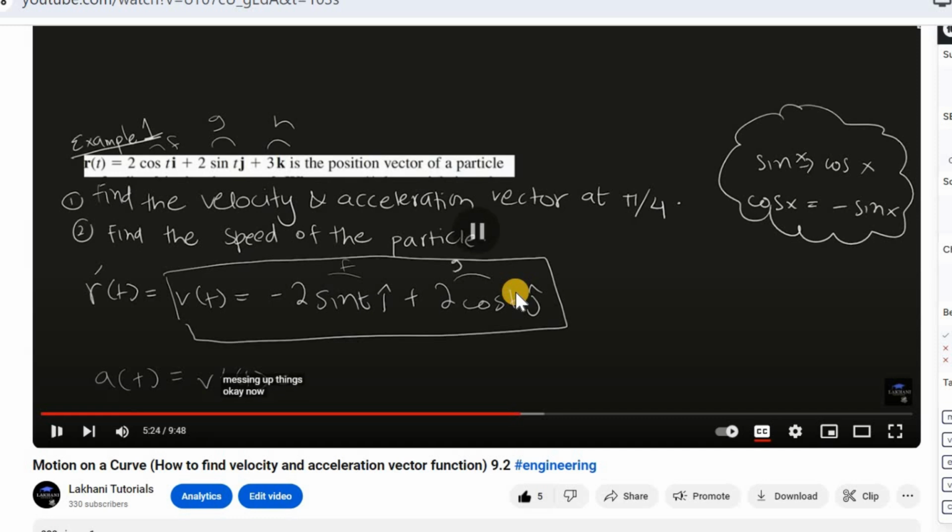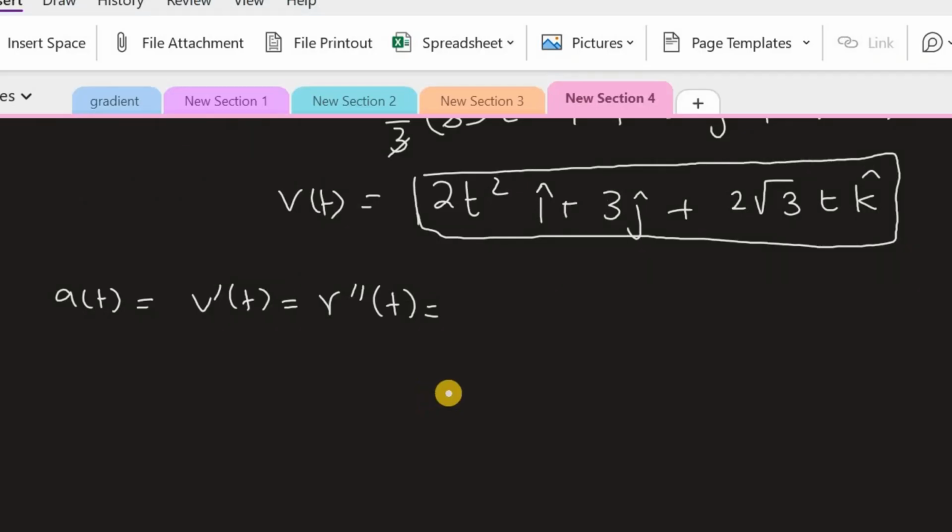Okay, so here we're finding the double derivative of this one. So we're taking the derivative of this again, component by component. Here we have 2t squared.